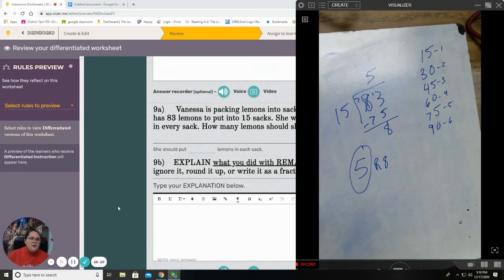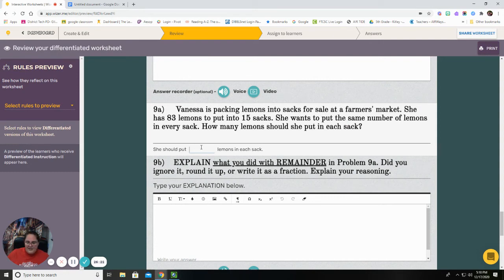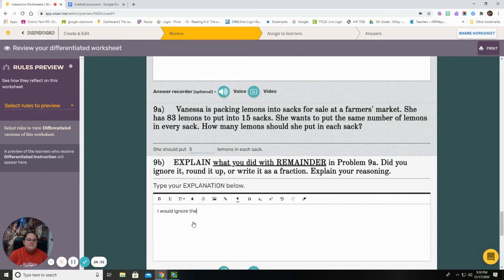Okay, so here we go. How many should she put in each sack? She should put 5. Why? I would ignore the remainder because it wouldn't be fair to round it up because not everyone would get the same amount.